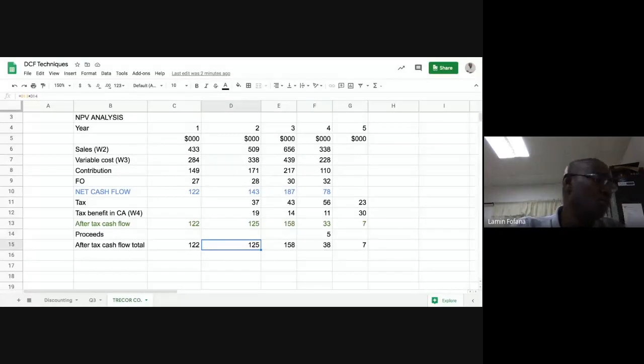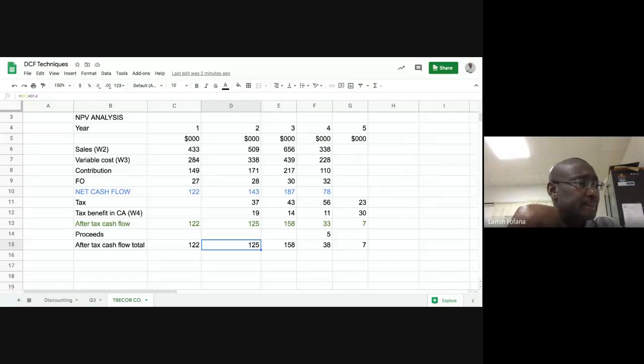So the cost of capital rate given in the question, the rate we should use to reduce our future cash flows to today's values, is not what is required.